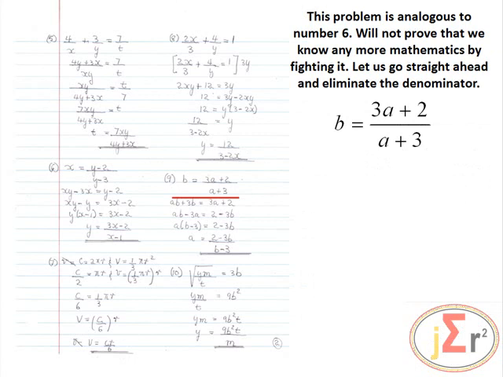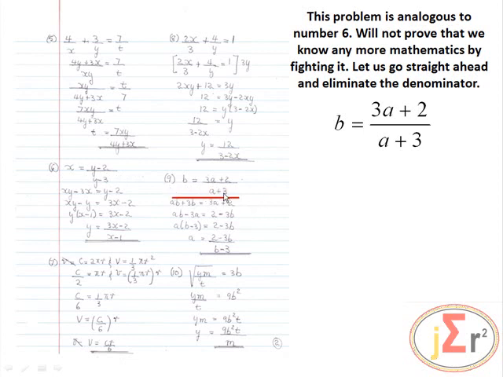Number 9, as we said before, is analogous to number 6, in that we have the proposed subject in the numerator and the denominator of the same fraction. What do we do? We just go straight ahead and multiply by this denominator.